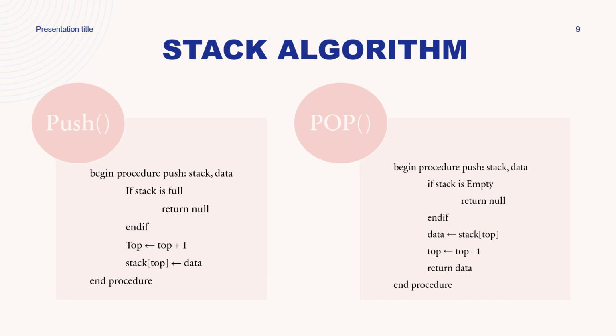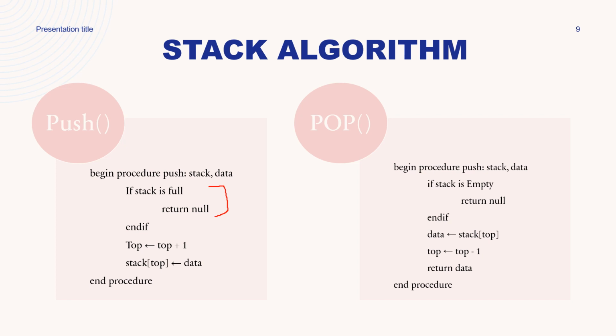Now the push operation. So first of all, we need to check whether the stack is full. As I've told you regarding the overflow condition, we cannot push more elements when the stack is full. So because of that we need to check this condition.